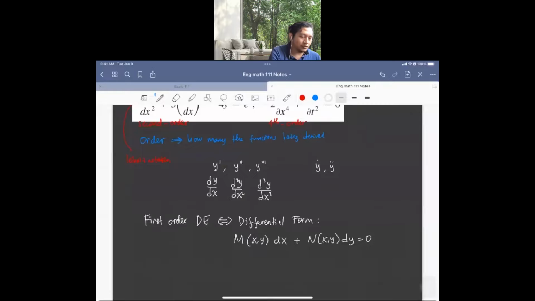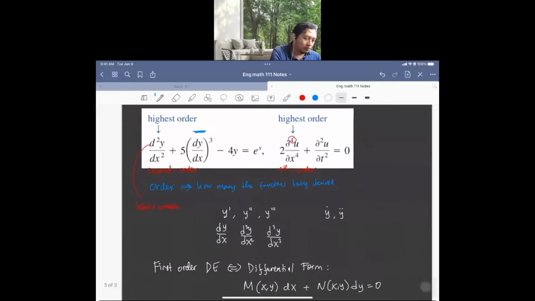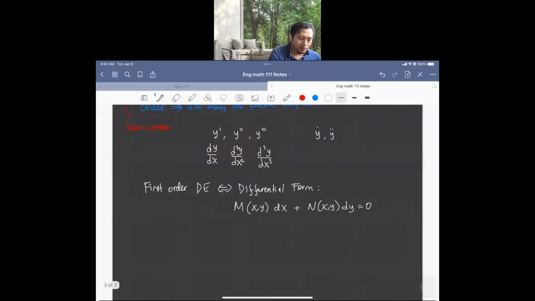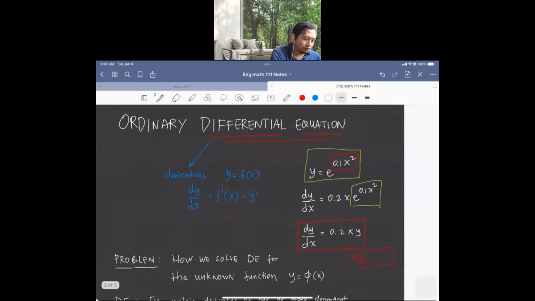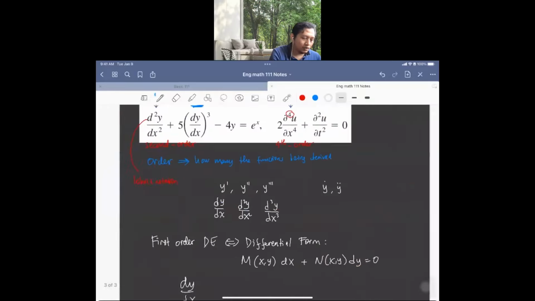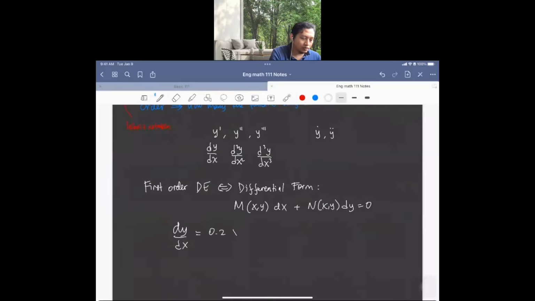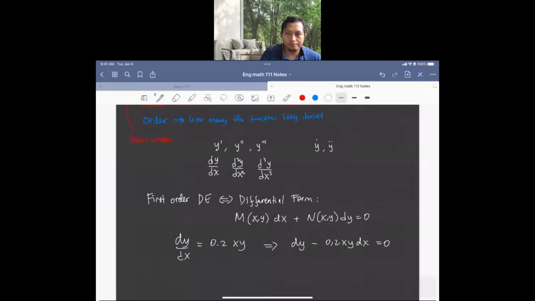Which means that we are going to take the first order, for example, from here, 0.2xy. Then what we are going to do is solve this, equal to 0. It's called the differential form.